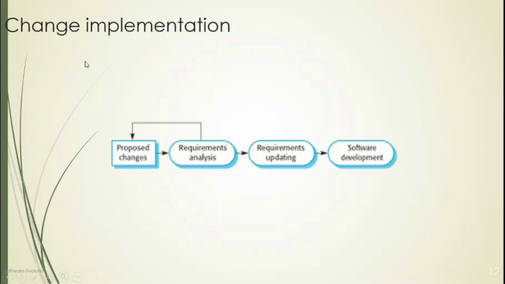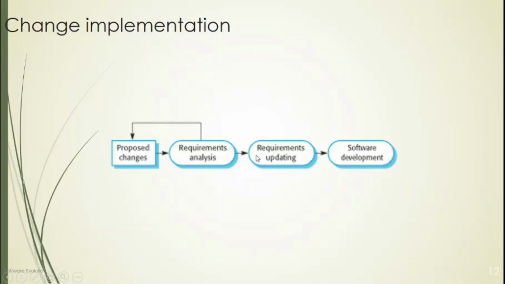In the requirement analysis, it depends upon the customer whether the product is supported or not, whether the budget is supported or not, or whether there are any changes needed in the system that are analyzed here. If it is okay, then propose changes and do the requirement analysis, then requirement updating and software development.